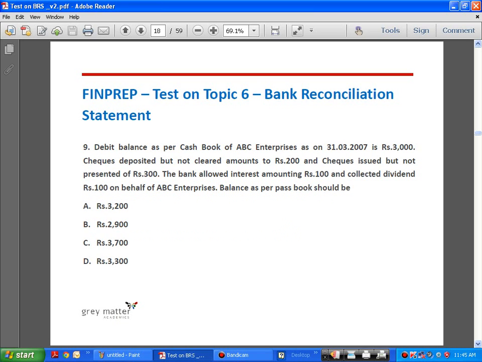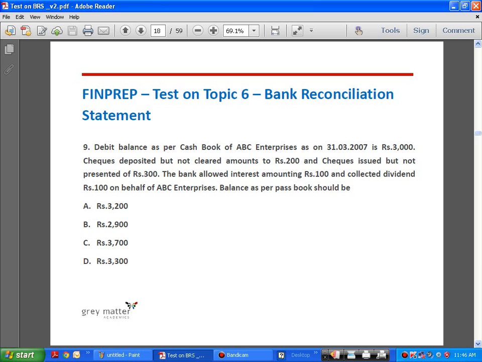Next question. Debit balance as per cash book of ABC Enterprises as on 31/3/2007 is rupees 3000. Debit balance means it's a favorable balance. Checks deposited but not cleared amount to rupees 200, and checks issued but not presented are rupees 300. Ultimately we want to find out the balance as per passbook, so we look at each of these adjustments. We start with a favorable balance as per cash book of rupees 3000.